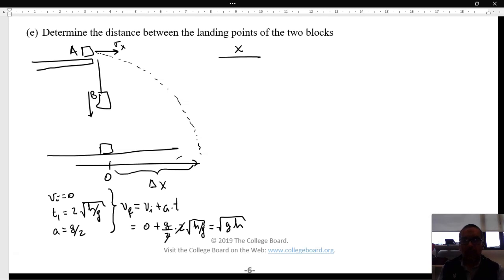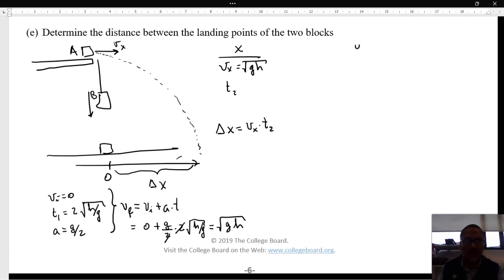Therefore, if your x velocity is the square root of g h, all you need now is to find out how much time the block took to fall down. Let's call that t2. Once we get that, then the displacement is going to be the x velocity times t2.